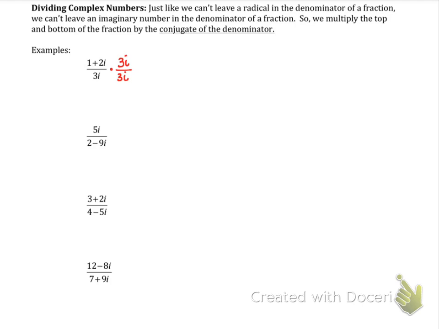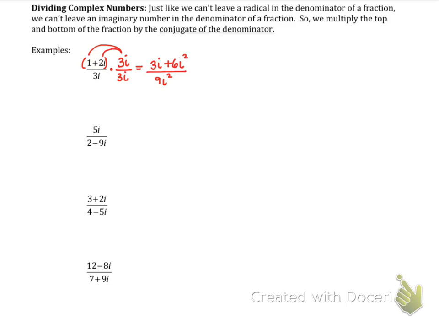You can't just choose one. I'm going to put parentheses in the numerator because I'm going to distribute. So up top, I get 3i plus 6i squared, all over 9i squared.